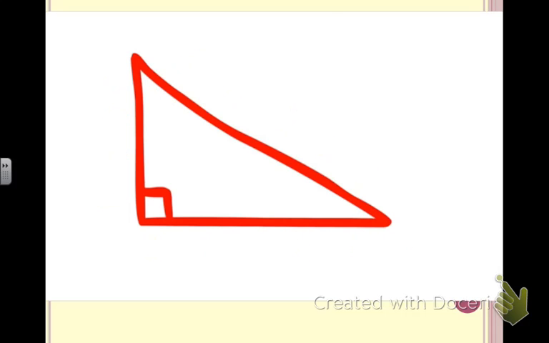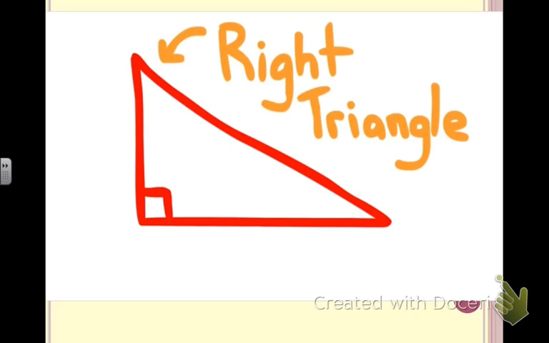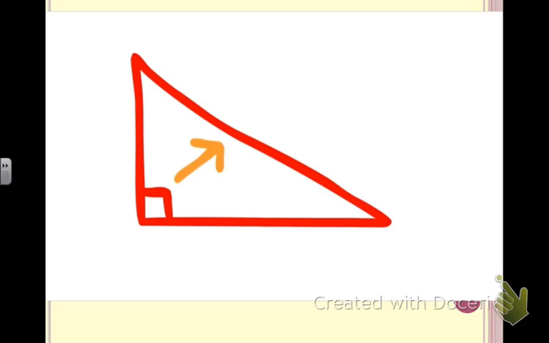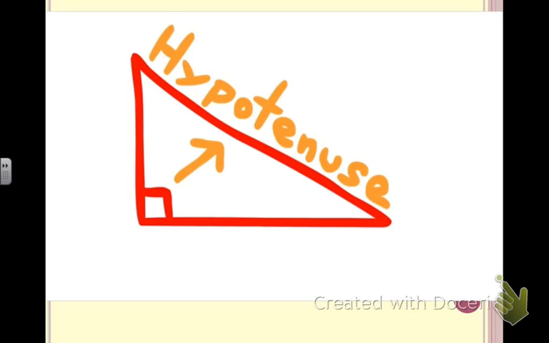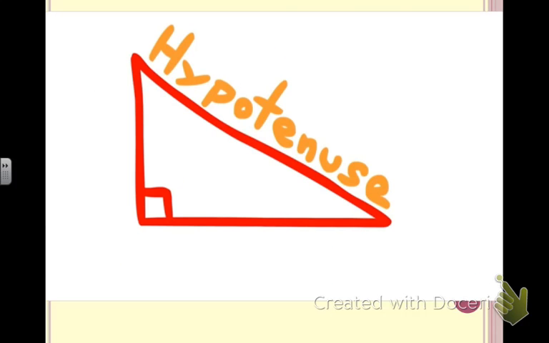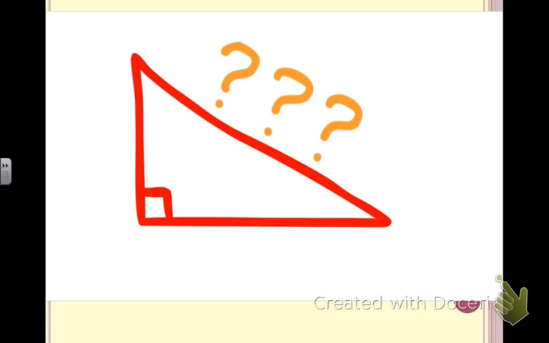Look at a right triangle with a 90-degree right angle. Across from the right angles, the hypotenuse. It's no surprise the hypotenuse is the longest side. Now how do you find the hypotenuse's length if you know the length of the two other sides?